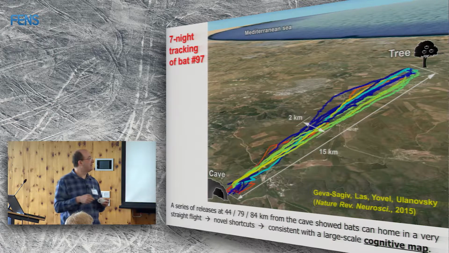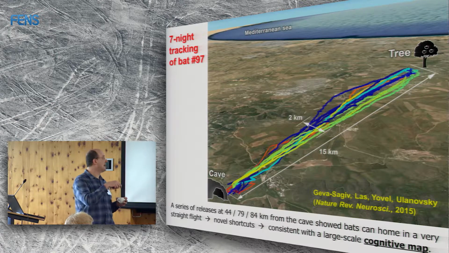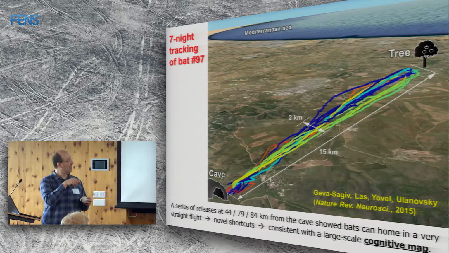What we found is that if released at the cave, since they live in caves, and then go forage for fruit trees, as they're fruit bats, an individual bat, in this case tracks of an individual animal over 7 nights, would fly from the cave to the same individual tree night after night, as long as there are fruits on this tree. Then it'll switch, I'll show you that later.